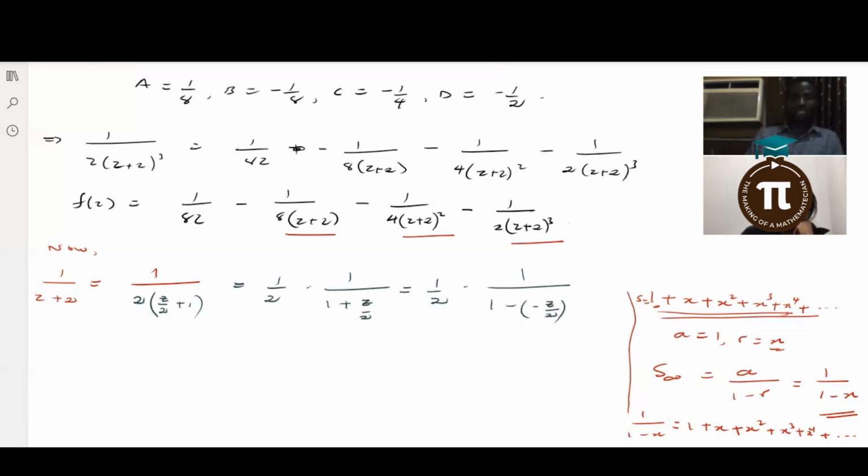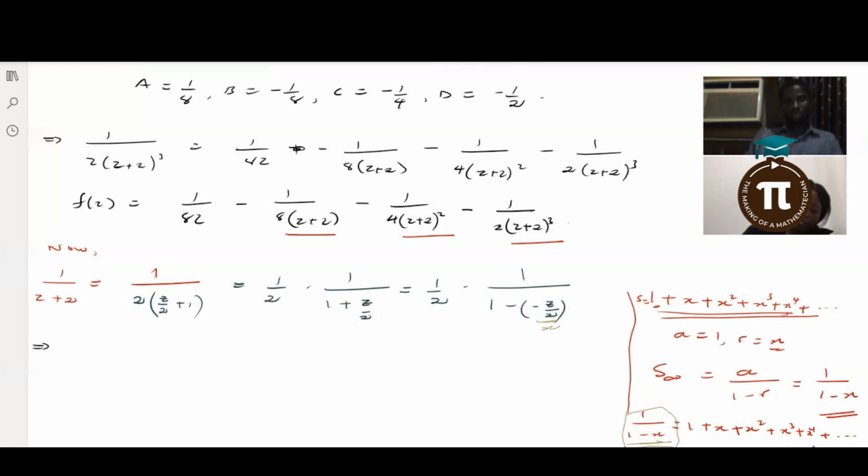So this is my x. How did you get the one minus? Oh, so you're just trying to make it be that one. Yes, I try to make it this way, 1 over 1 minus x. So my x here is minus z over 2.